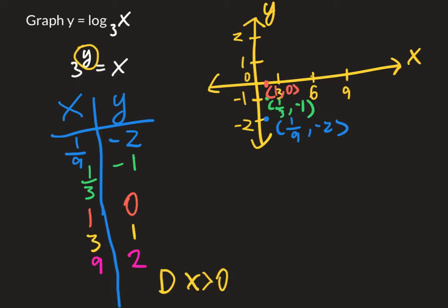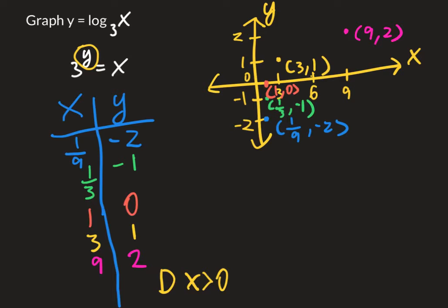And when y equals 1, x equals 3. Okay, and lastly, we have y equals 2, x equals 9. X equals 9, 2. Now let's plot the graph.